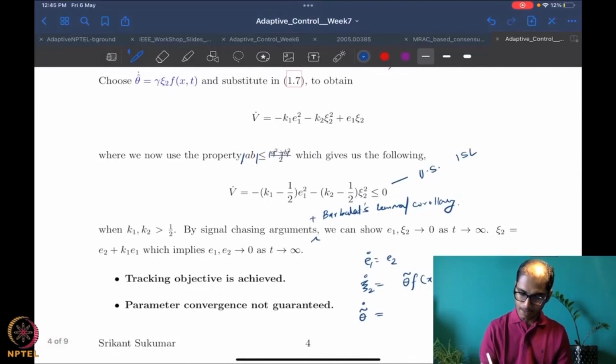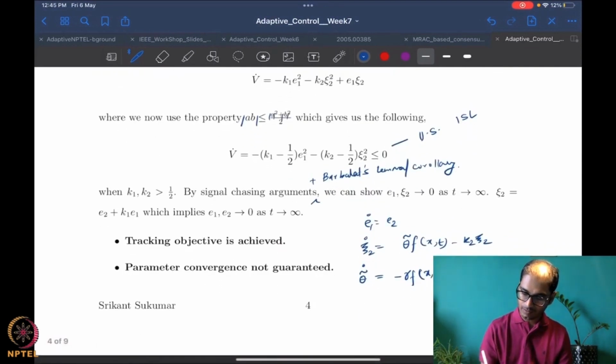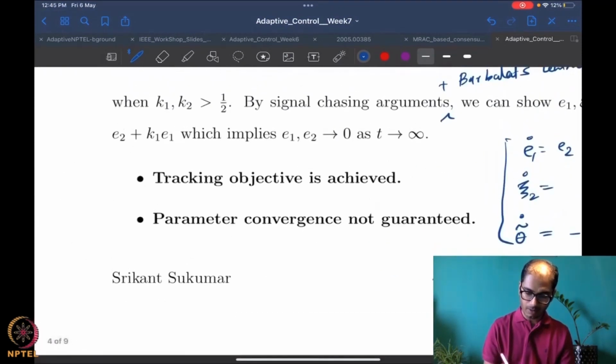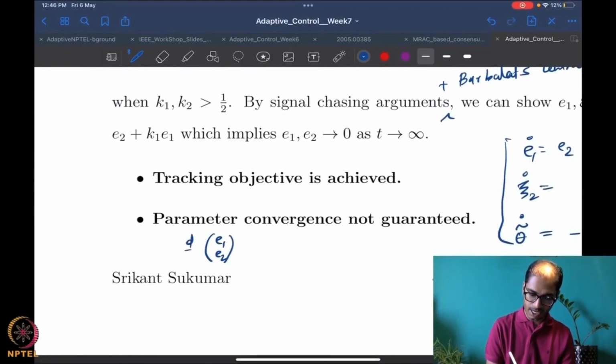So this is minus of gamma f x t times Psi2. The thing that you would notice is, if I write it again in this nice state space form, it will come out to be E1 Psi2 d dt.